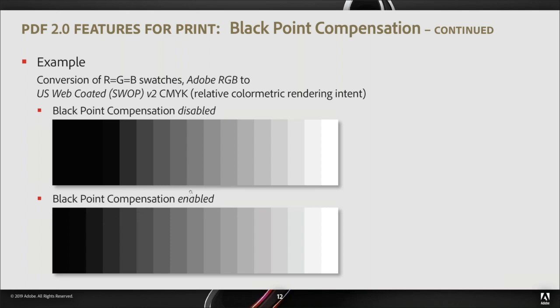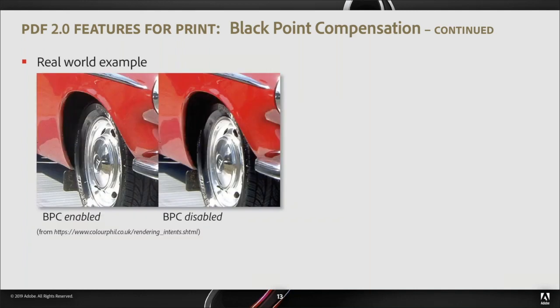Well, most of us do not actually print charts like this in day-to-day work, but we do things such as this. And again, this is very subtle, and when you get a copy of the presentation, you can look at the differences between these particular samples. In the right case, black point compensation is disabled.